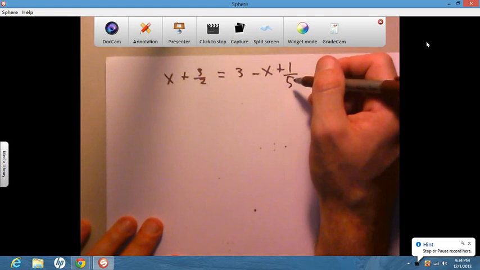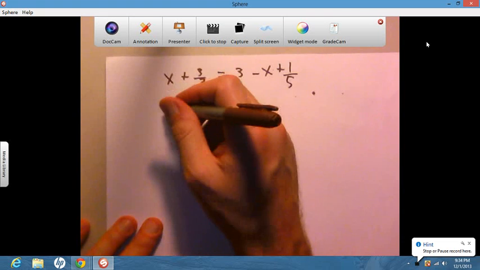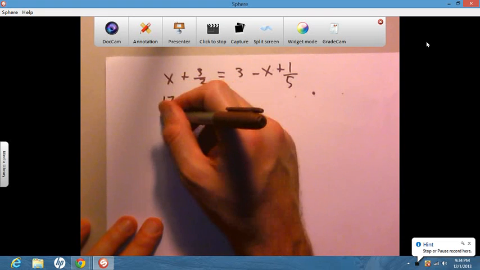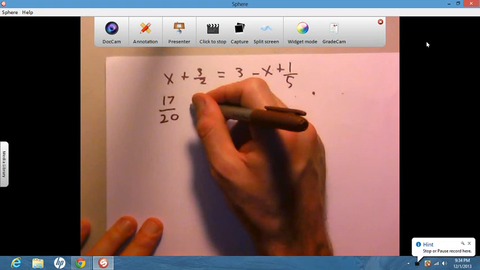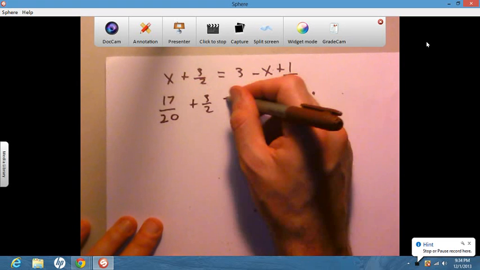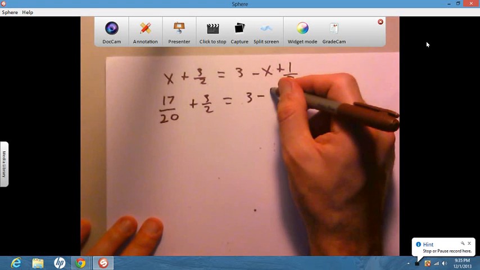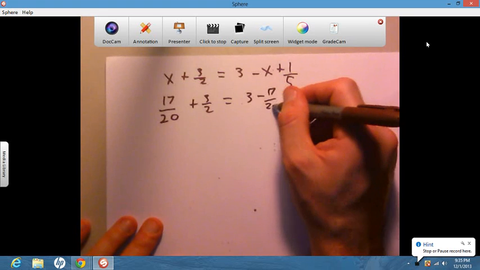And I claim x is 17 over 20. So that becomes 17 over 20 plus 3 halves is equal to 3 minus 17 over 20 plus 1 over 5.